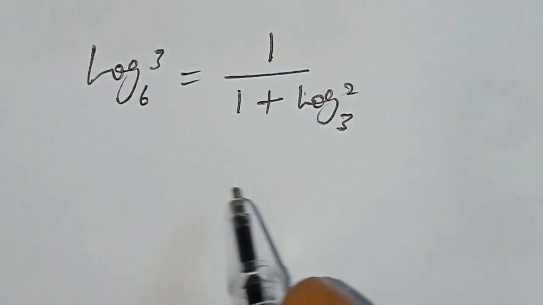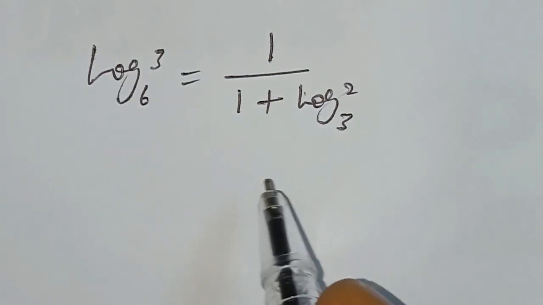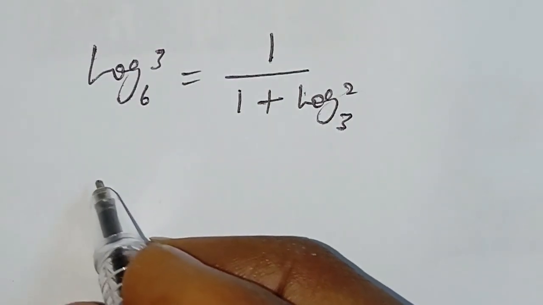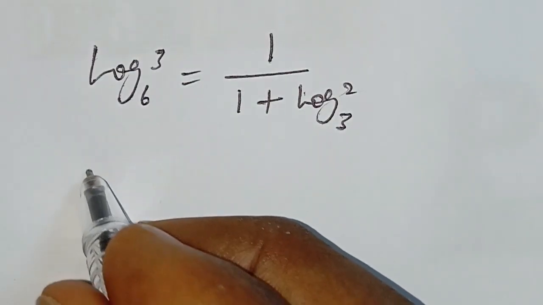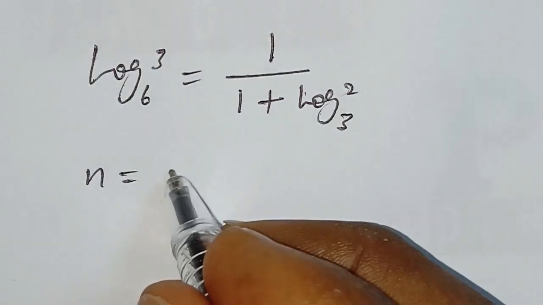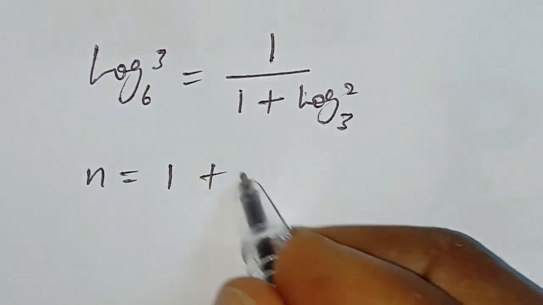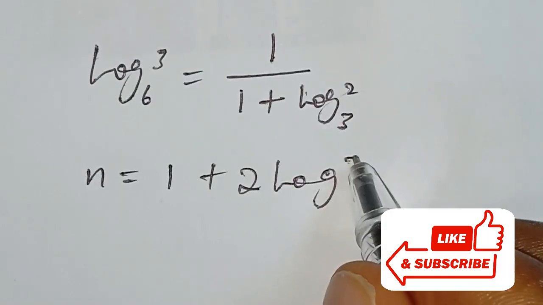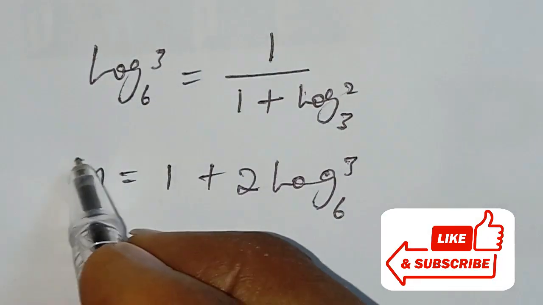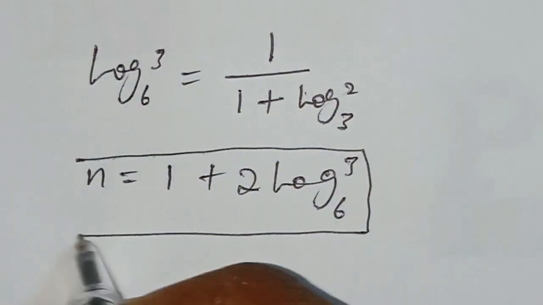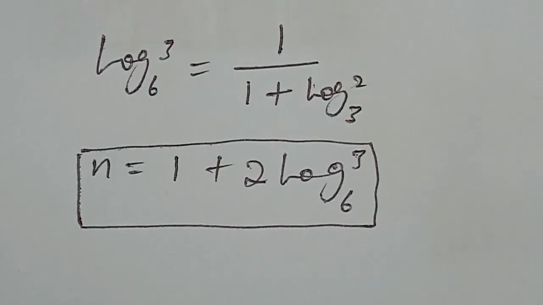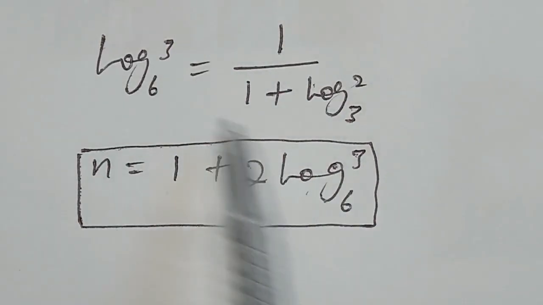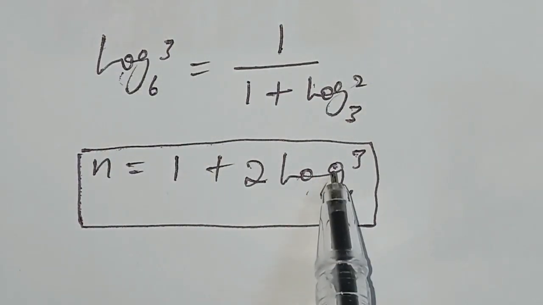Now from the main form we have n equal to 1 plus 2 log 3 base 6. This is our main value of n. So we are going to put the value we found previously into this part.